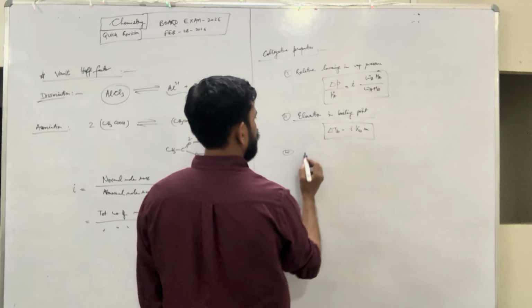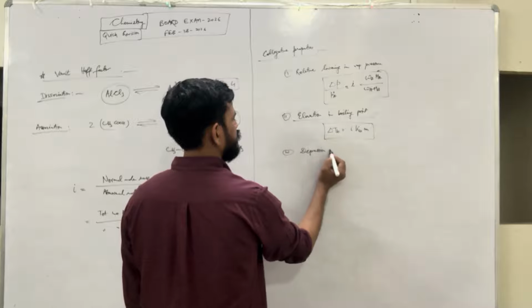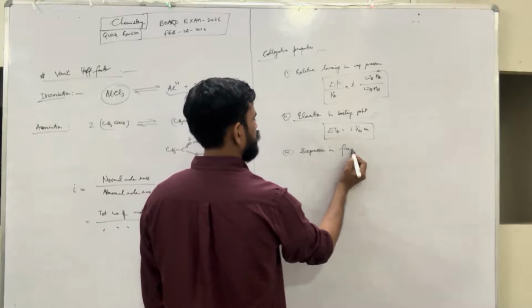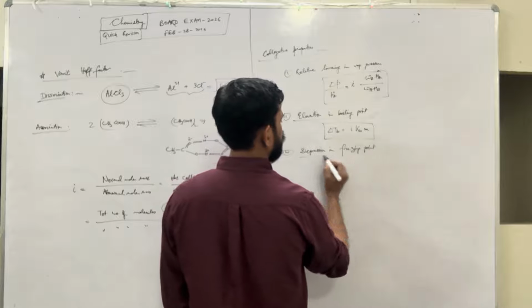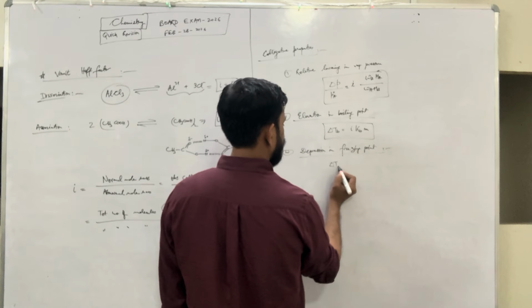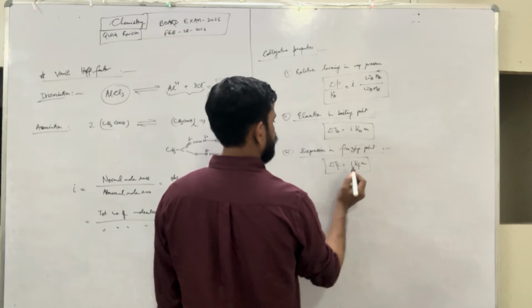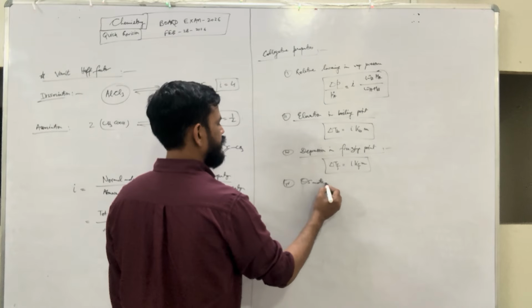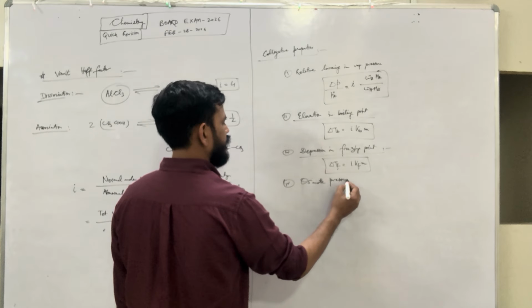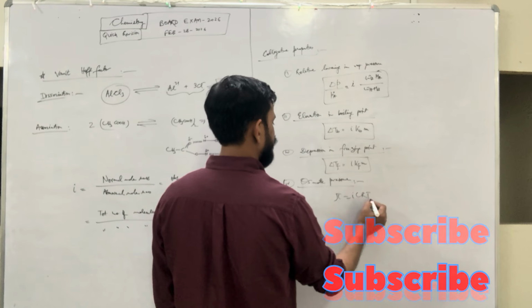Third, the depression in freezing point: delta Tf is equal to i Kf m, and the osmotic pressure will be given by pi is equal to i CRT.